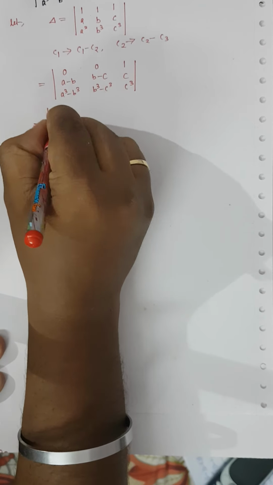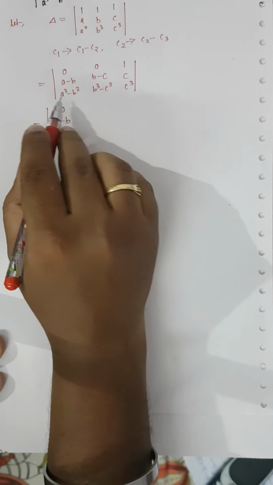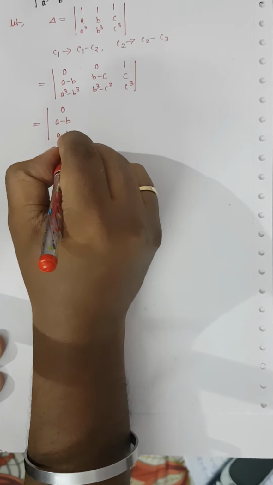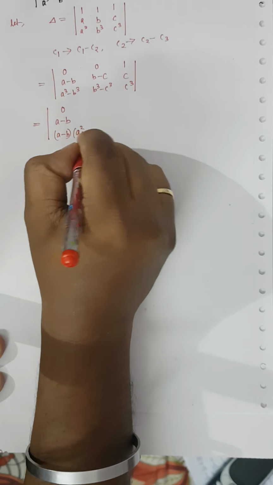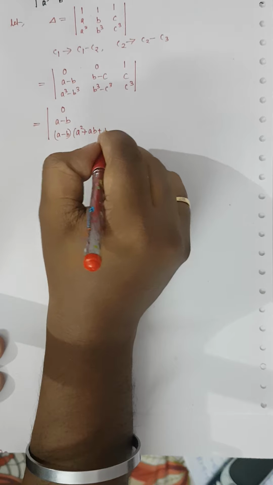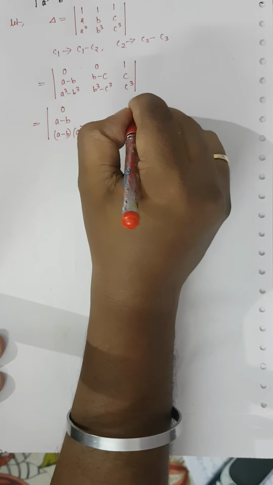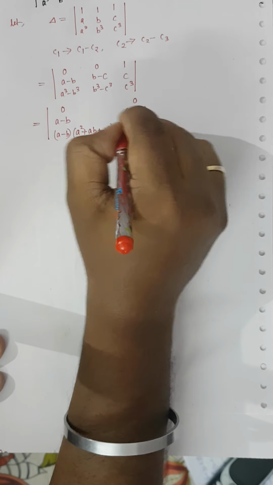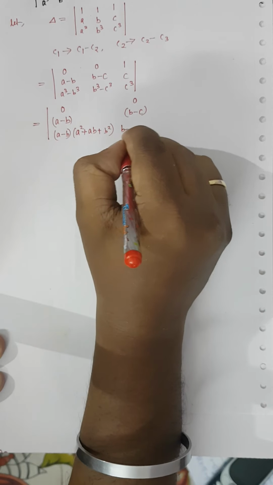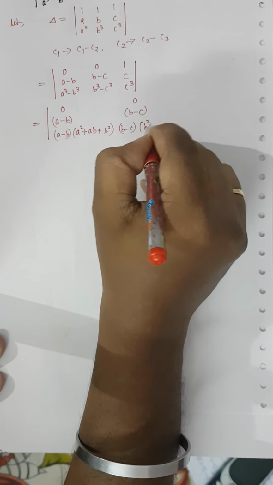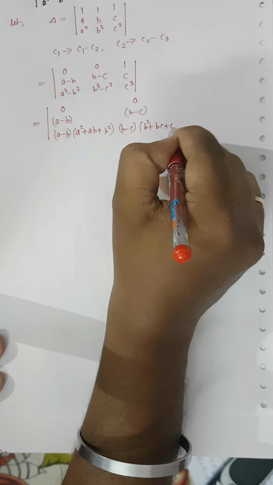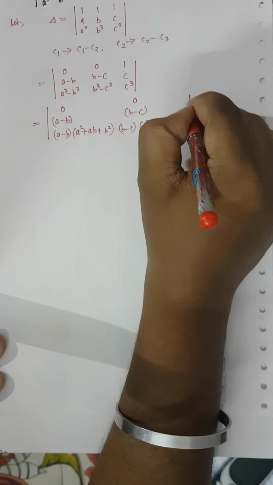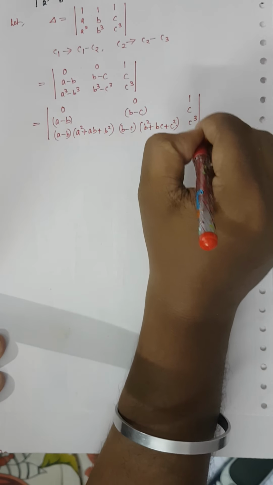See, this is 0, this is a minus b. If I factorize it, I will get a minus b into a square plus ab plus b square. Similarly for this 0, b minus c, factorize it, I will get b minus c into b square plus bc plus c square, and it is 1 c c cube.